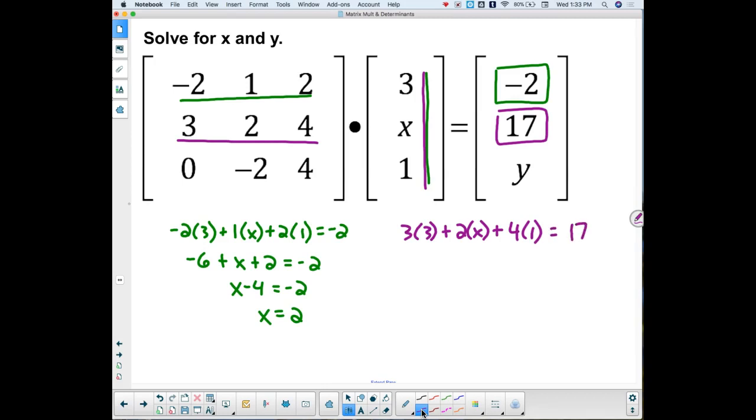Well, we already said x was 2, so this is going to be 9 plus, if x is 2, that one's 4, plus 4 has to be 17, and 17 is equal to 17.